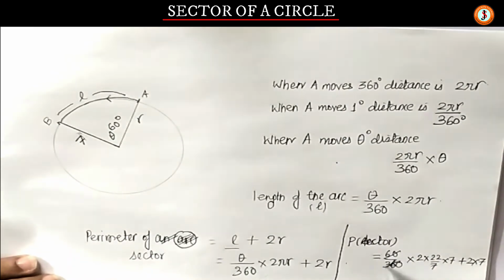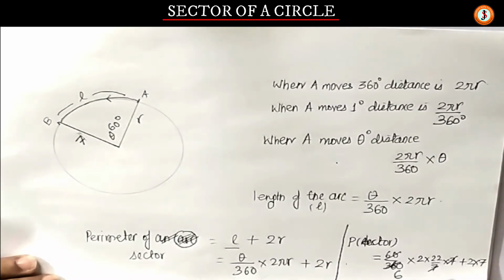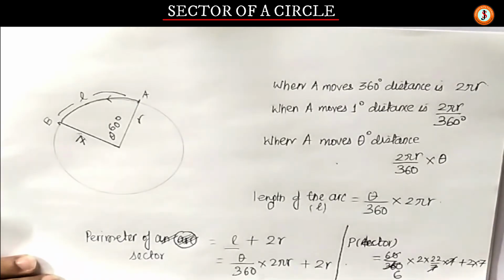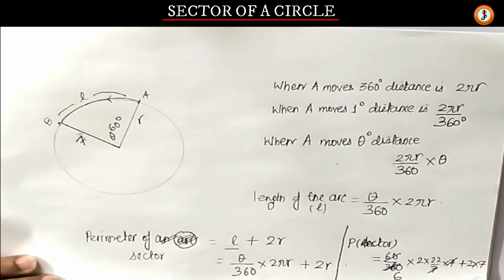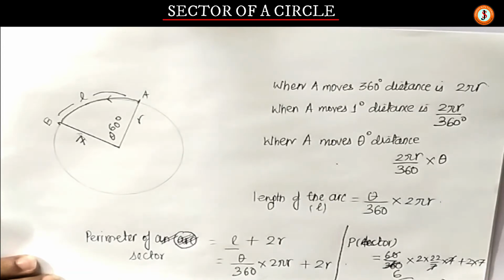So 6 times it goes once, and it becomes 44 divided by 6, plus 14. 44 divided by 6 is 7.33, plus 14. You can do the calculation on your own, and that will be in centimeters.